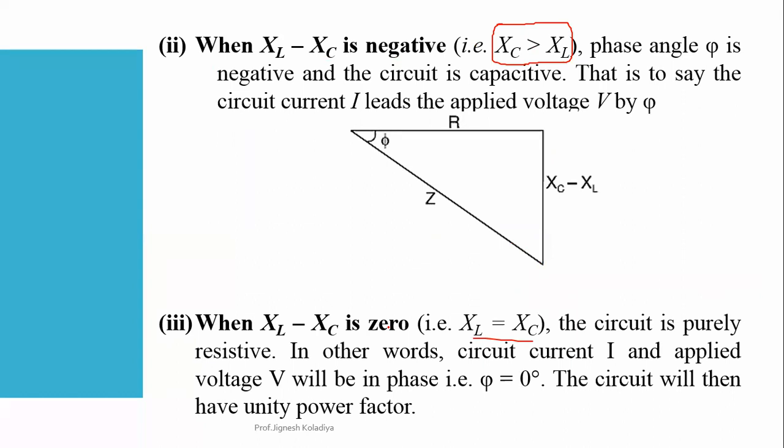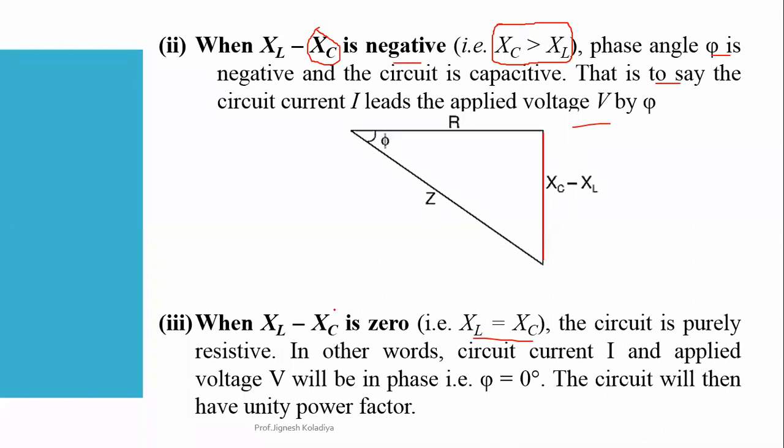Because this part is more, the negative portion is more, so overall XL minus XC is negative, and that's why I have to draw it like this. So this is my XC minus XL, R and Z. So phase angle phi is negative, and current is leading with respect to the applied voltage.